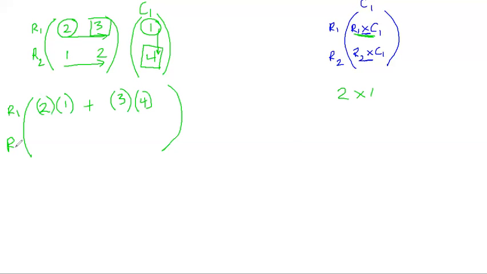Row 2, right? We're dealing with 1 by 1, right? Circles by circles, positions by positions. And then the other one, I'm going to get 2 multiplied by 4.